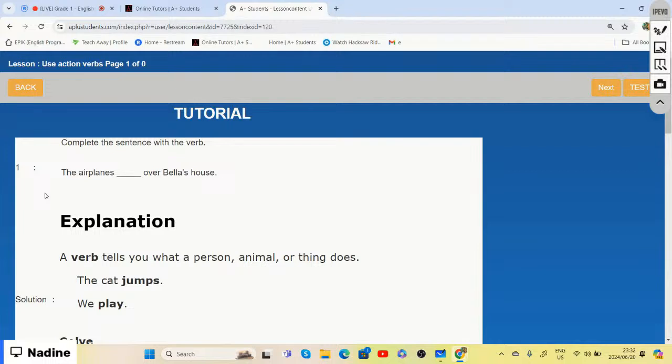It's a doing word, something that someone does. So now we're going to complete the sentence with the verb. And like I say, we can choose the appropriate verb that matches that sentence.